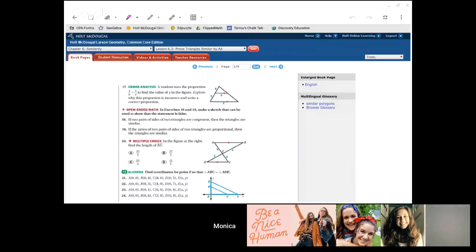What whole side of the triangle is equal to 5? So do you see why that's wrong? What it should be instead? Okay. And then give me a second for number 34.